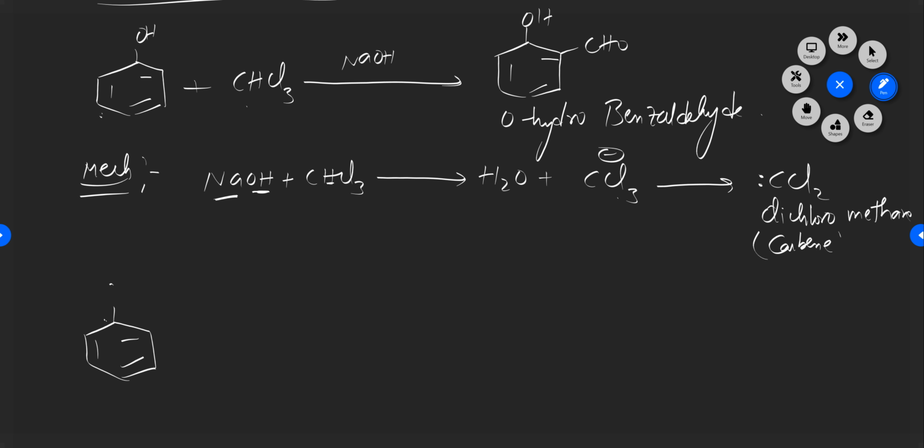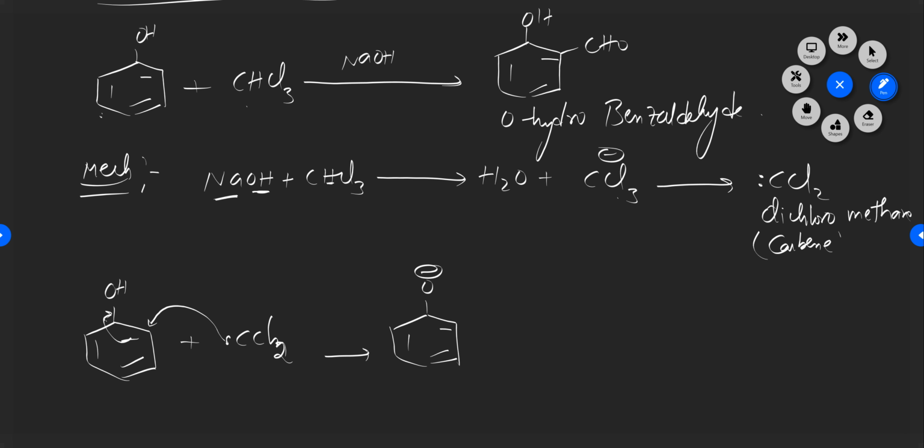So that lone pair of electrons of the carbene is going to attack on this position. This is going to be shifted to this position. What will happen here? It is going to form O minus.